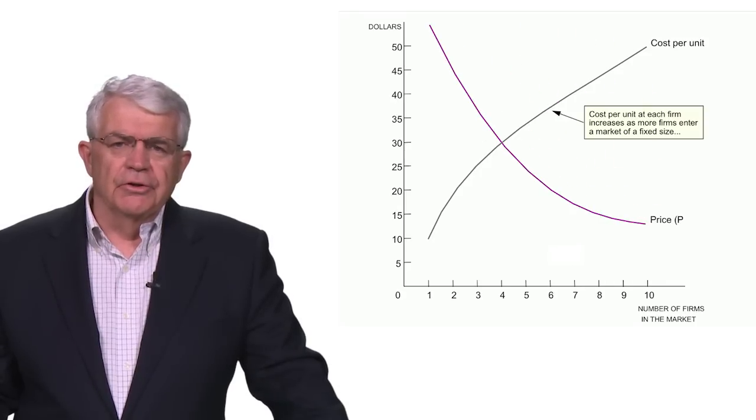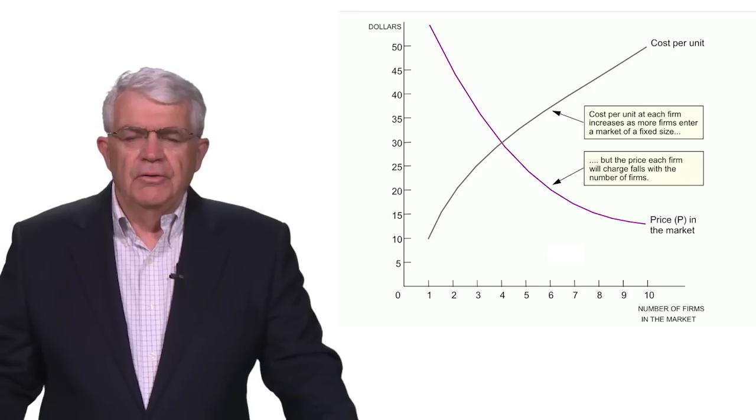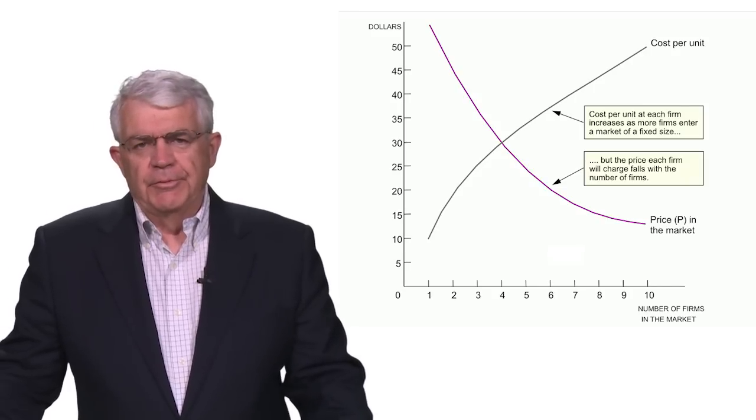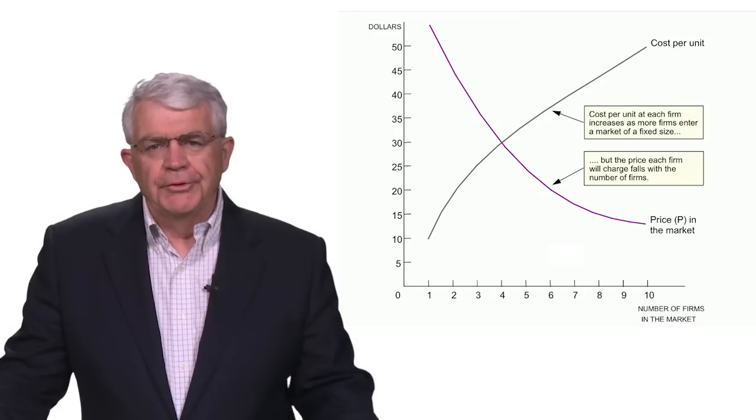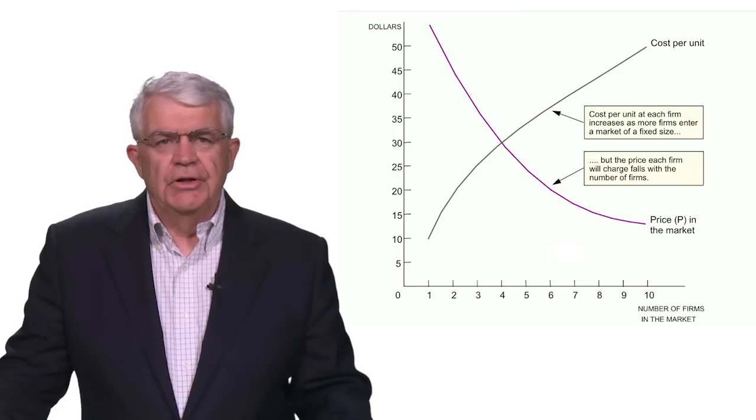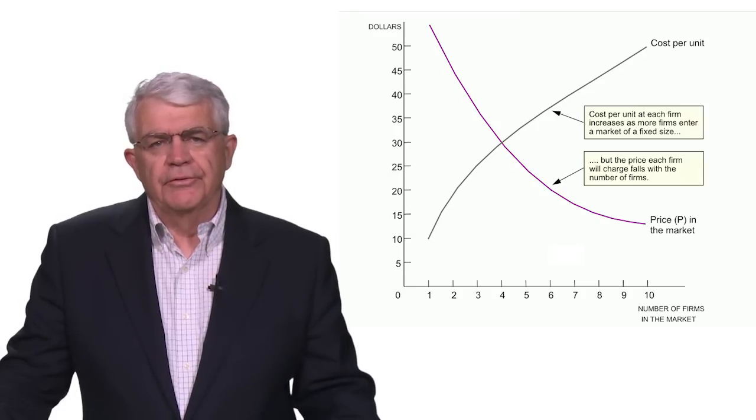And we have our curve representing the price in the market, and that's falling as more firms are coming into the market. So in this particular case, we have maybe 4 firms is what the intersection is, and we have a price per product of $30.